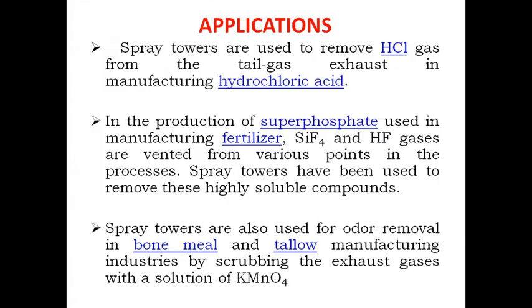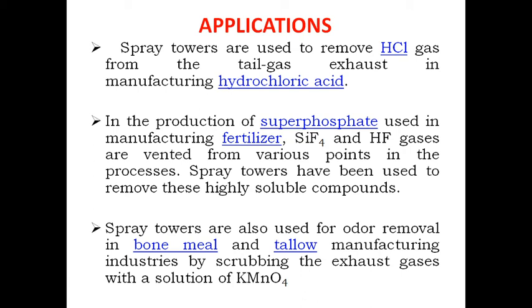Applications of spray tower. First application, it is used to remove hydrochloric acid gas from the tail gas exhaust in manufacturing hydrochloric acid. What are tail gases? Gases produced from refinery, not required for further processing. Second application, production of superphosphate used in manufacturing fertilizer.